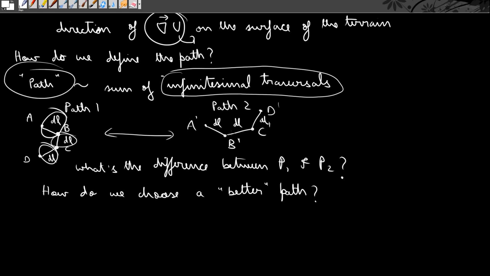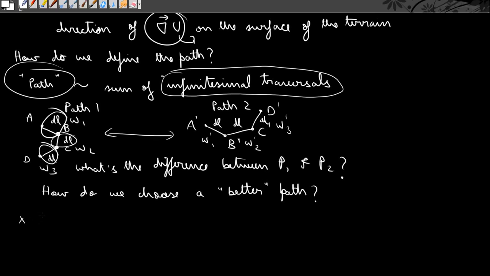The simplest way to formulate this would be to assign some kind of weights to each of these traversals. So I'm going to assign weights W1, W2 and W3, and again here W1 dash, W2 dash, W3 dash for each of the traversals.